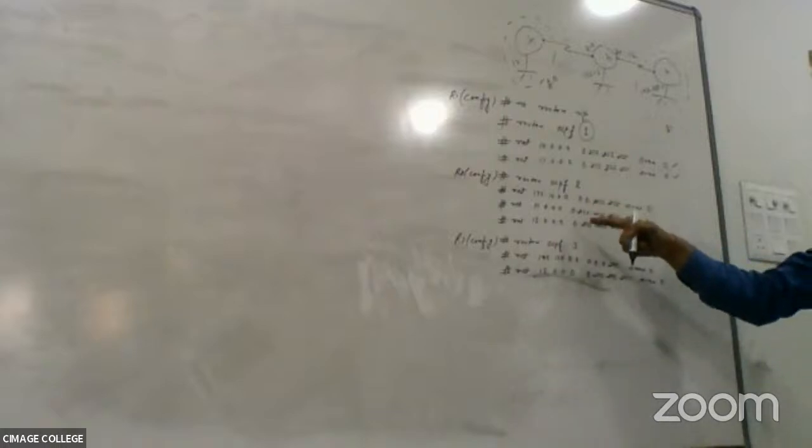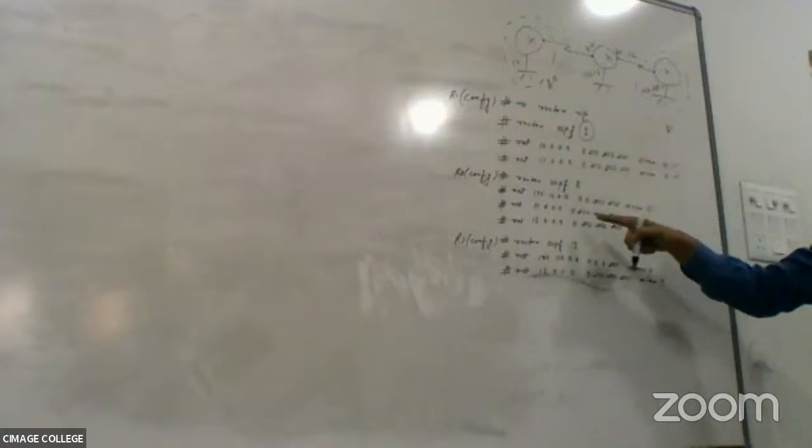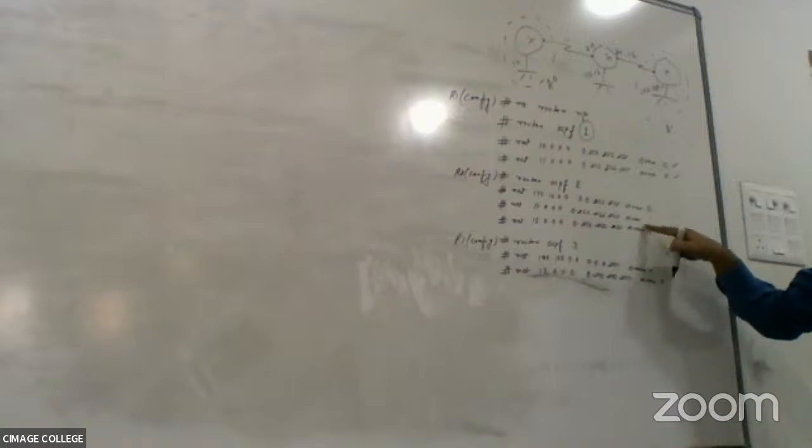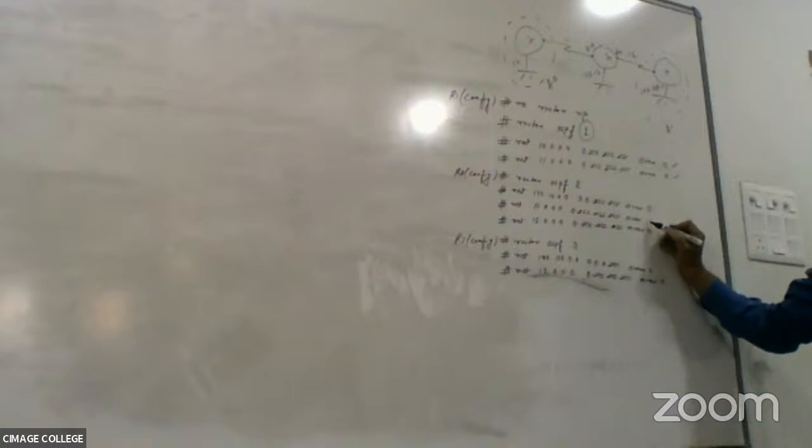So at the second router, in the 11.0.0 line we just have to make a change: remove 0 and put 1. Sorry, 0 is correct. Okay, just here, remove 0 and put 1.